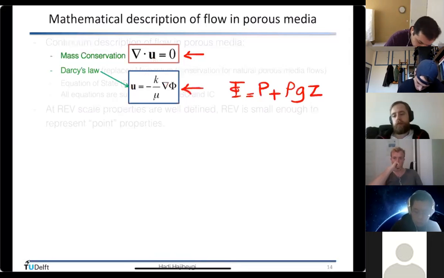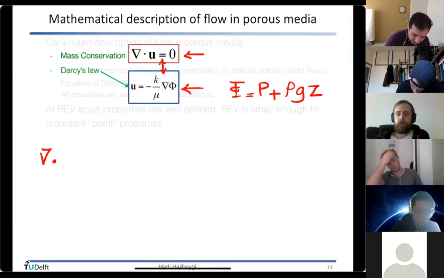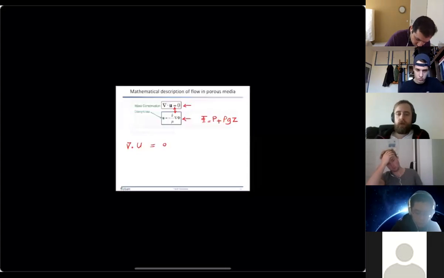Now, if I combine these two equations, what would I get? I start with divergence of velocity is 0. Now, I want to use Darcy.